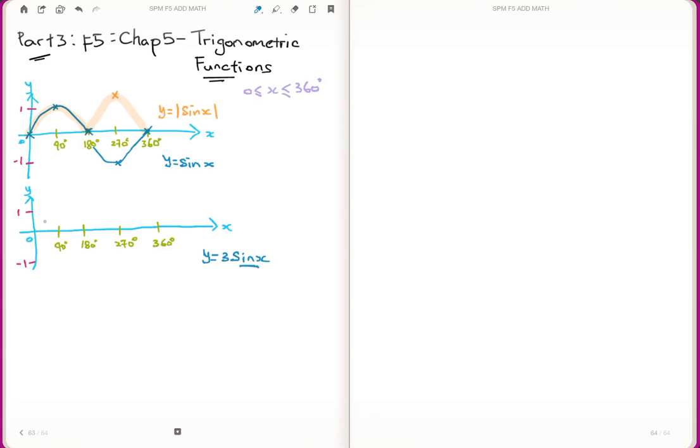So all you need to do here, if there is a number in front of sine, is change the maximum to the amplitude. If the number is in front of sine, this is the amplitude.